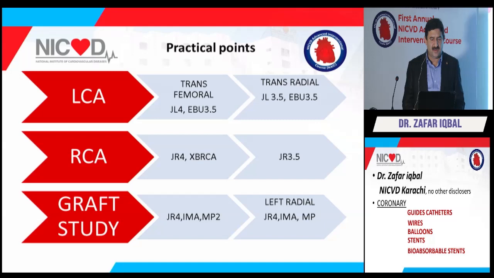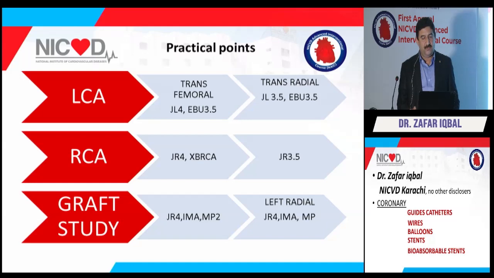These are some practical points talking about left coronary artery and right coronary artery. The difference between transfemoral and radial is basically a 1 to half size length decrease in selection for the radial. I mean, if you are using an EBU 4 for the femoral approach, for radial approach we can use EBU 3.5, or if we're talking about the XB, that is 3.0.